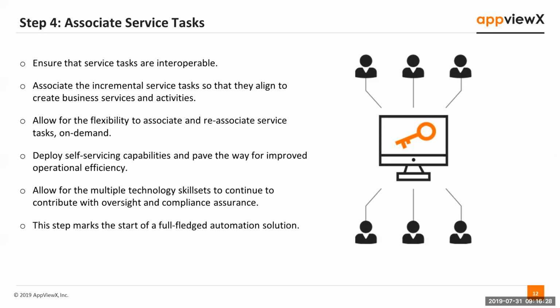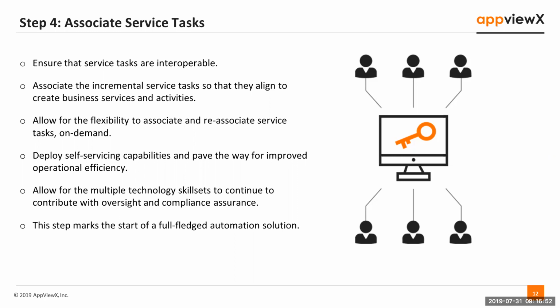And that will pave the way for that efficiency, because if you're having to go back through an escalation process, a single decision-making process, those contributors can be overwhelmed. Allow for multiple technology skill sets to continue to contribute with oversight and compliance assurance.